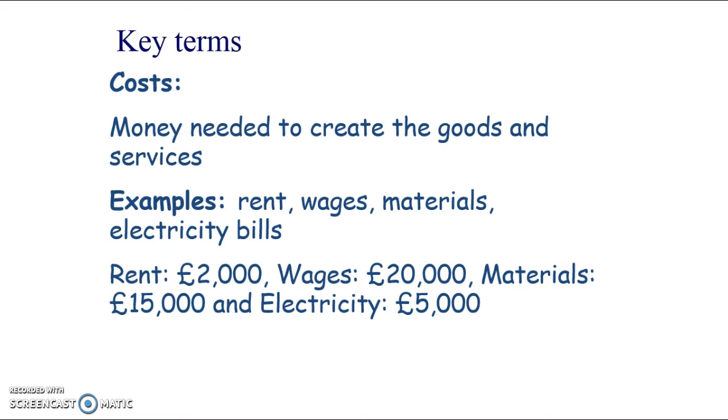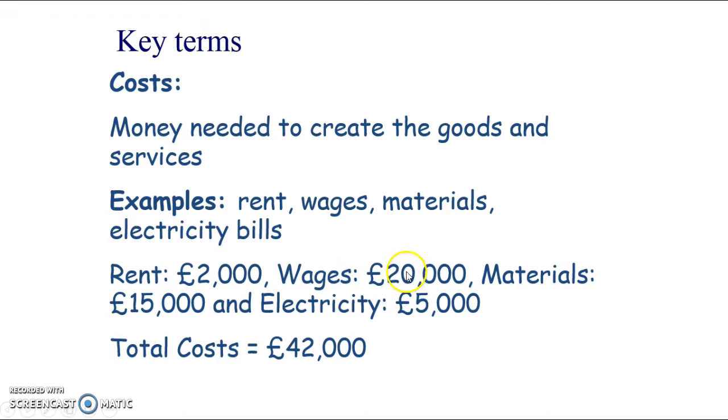So if we make up this example where rent's £2,000, wages £20,000, materials £15,000, and electricity £5,000, then if you add all of that together, and if I've got my maths right, it is £42,000 worth of total costs. So revenue is usually a multiplication calculation where you're timesing the price times the quantity sold, whereas working out your total cost is usually just adding up.